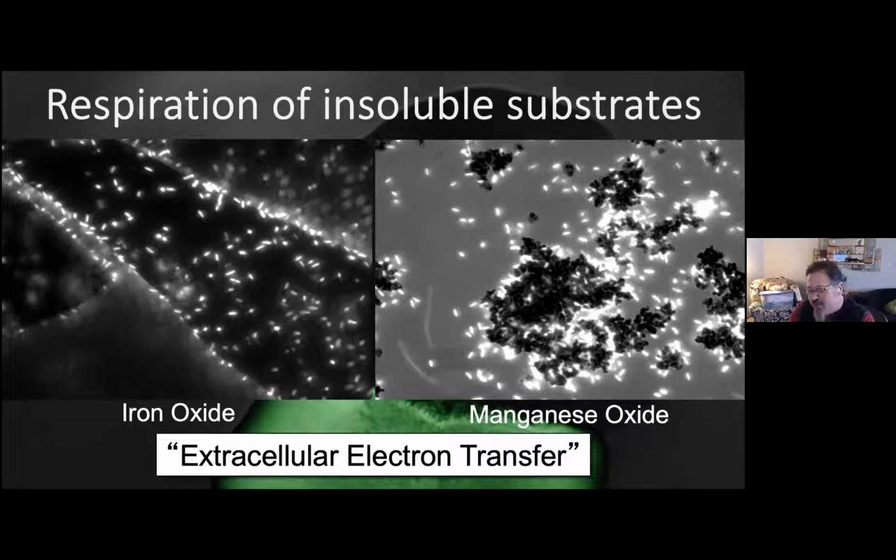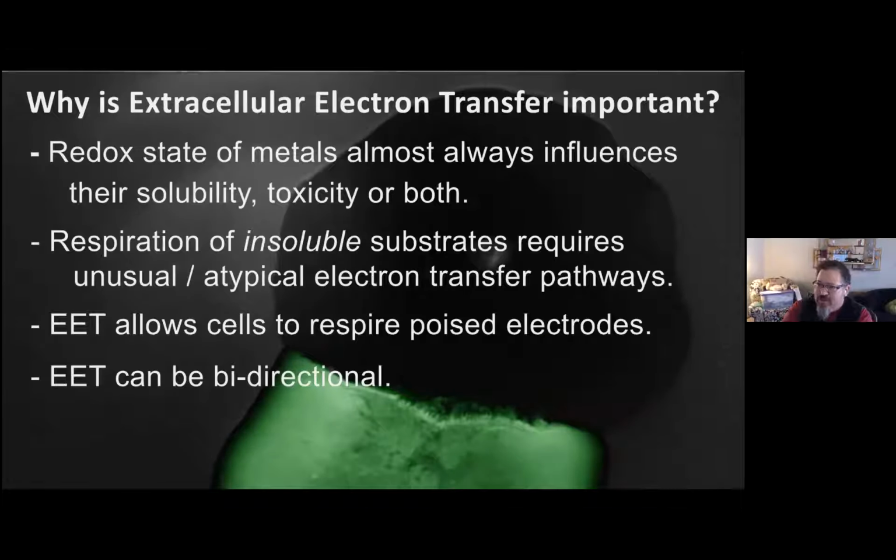And it had gone through various different terminology in terms of how to describe it, but I think in the last maybe 10 years or so, maybe 15 years, we really settled on this process called extracellular electron transfer, which in this case, we're talking about electrons from inside of the cell going out. So why does this matter?